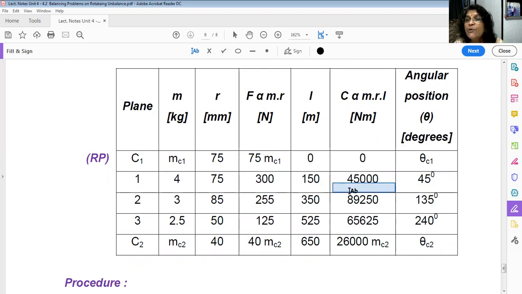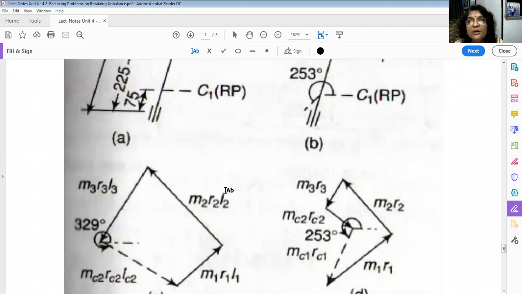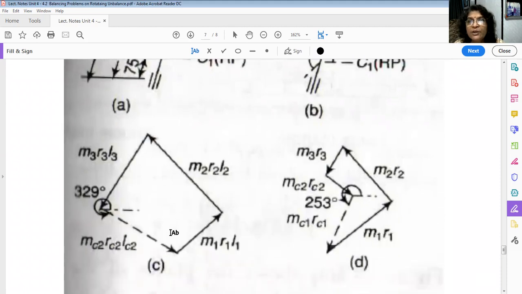Understood? Now I have to draw this couple, which has magnitude 45,000 Newton meter, that is 4.5 centimeter length at an angle of 45 degree. Every time you don't have to measure the angle. Initially you have to draw this diagram.